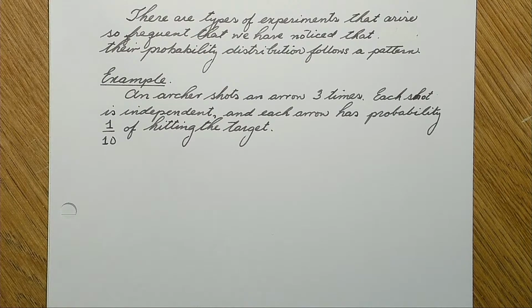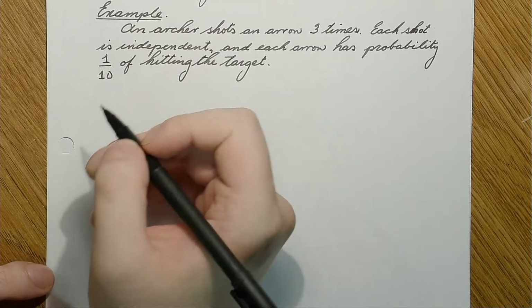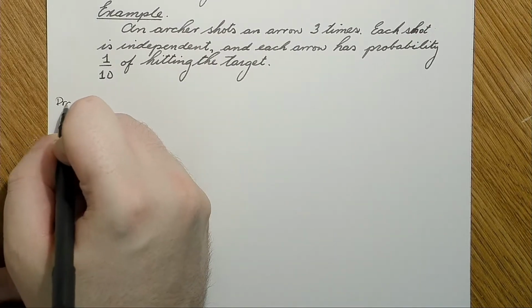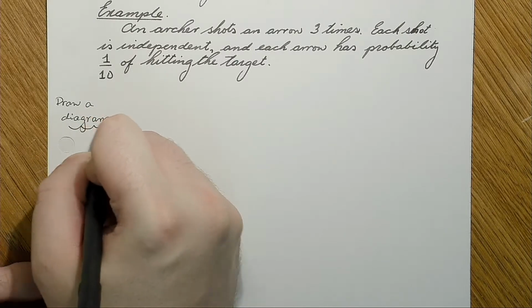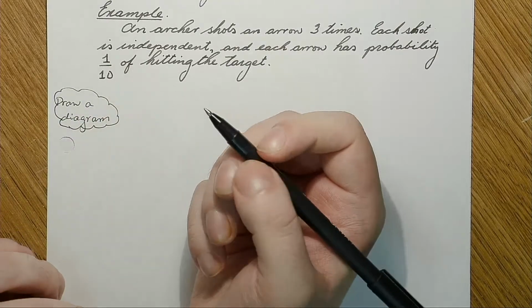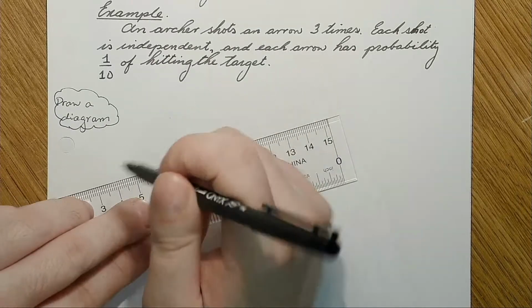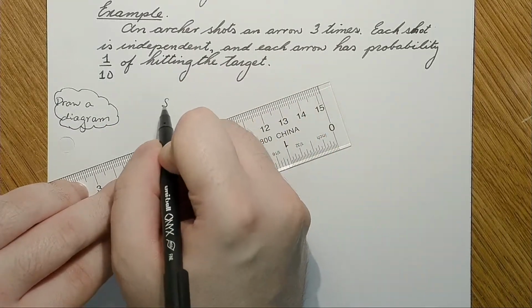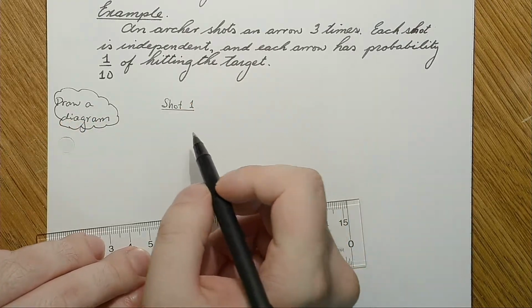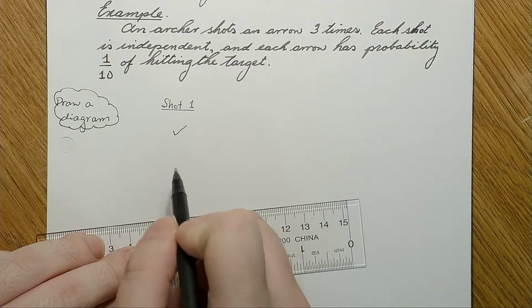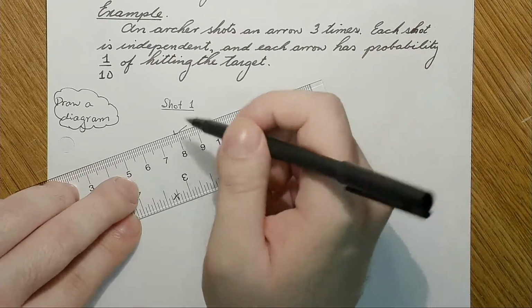I'll probably keep saying this over and over again, but drawing a diagram helps. And in this case, the diagram is the probability tree. On the first shot, we'll have shot 1. On the first one, we'll either have a success, where it hits the target, or it will miss.